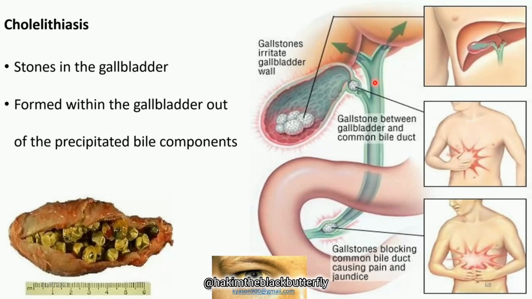Any of those, once they are blocked, again you can obviously see that it's going to result into what? Too much stasis, or the bile is going to be remaining in this duct for a long time. There's a possibility of bile components leaking into the surrounding blood capillaries. Okay, remember this is a duct. It has a wall, and there are some capillaries that are close to this wall.